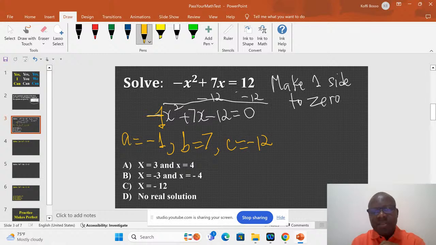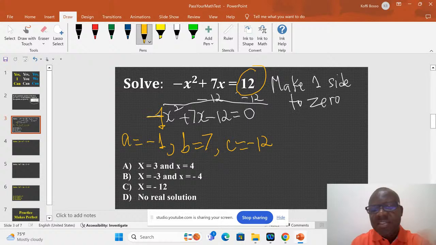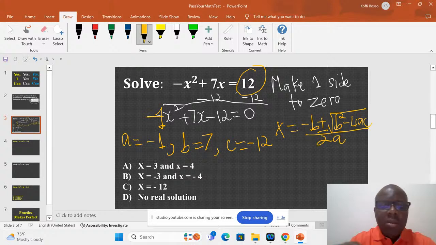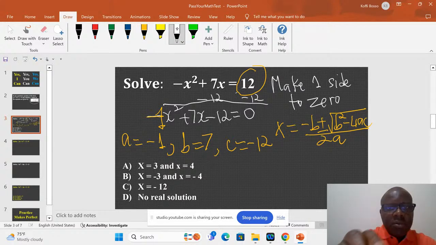So by mistake, if you don't make one side to 0, you'll think like, oh, the c is 12, which is not correct. Now from here, we're going to apply the formula. We have x is equal to negative b plus minus square root of b squared minus 4ac, everything divided by 2a.